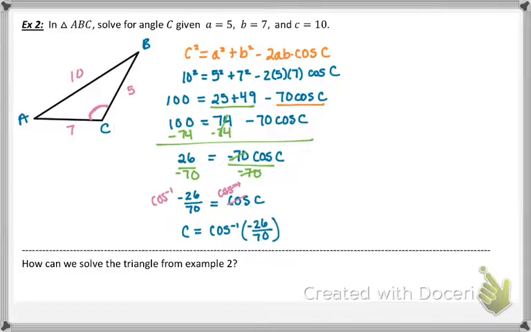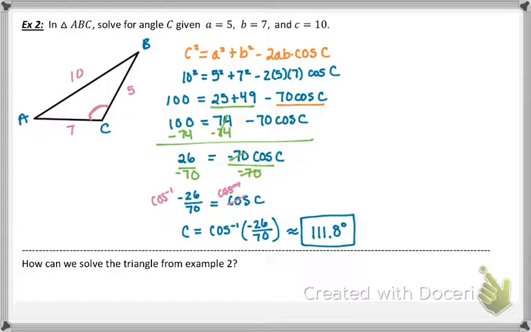And again, if you want to calculate negative 26 over 70 in your calculator, you can do that. Press enter, and then do cosine inverse, second answer, to input that answer in so you don't have to do rounding in between. And that's going to give us roughly 111.8 degrees for angle C.